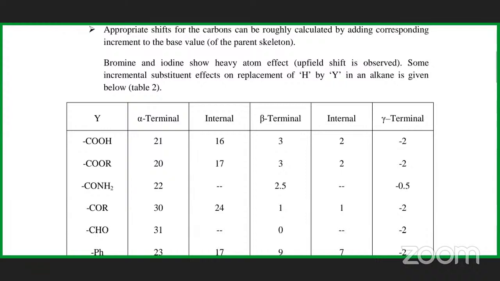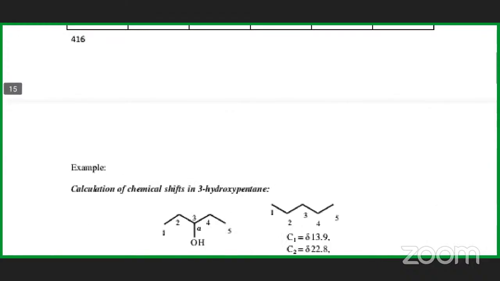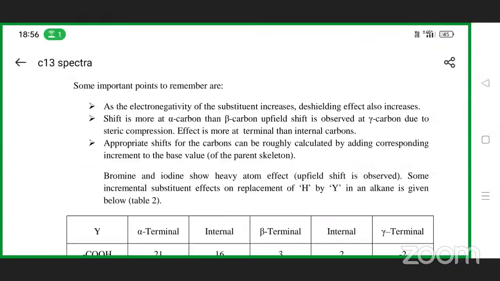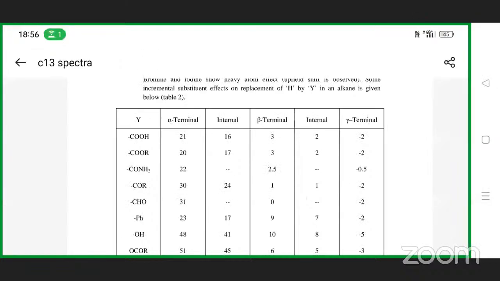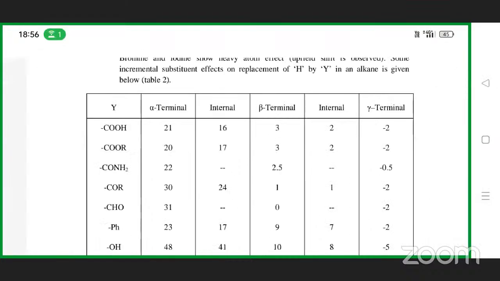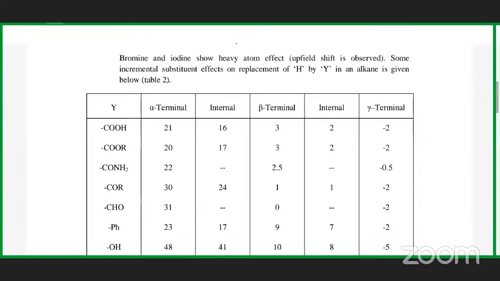And if it is at the beta position, for the non-branched compound the values are this one, and for a branched one, if there is branching, the values are like this.